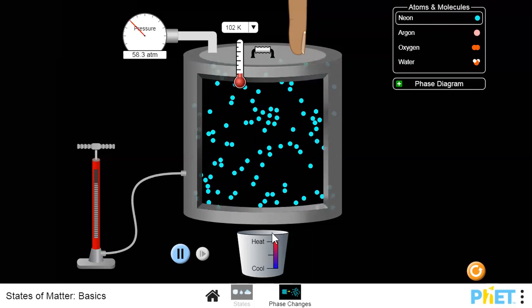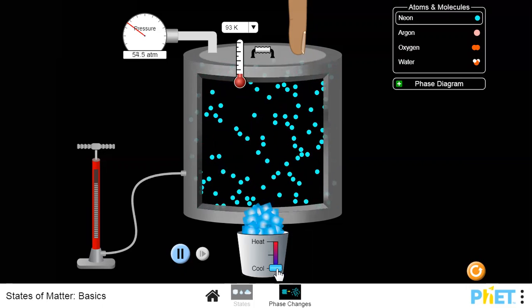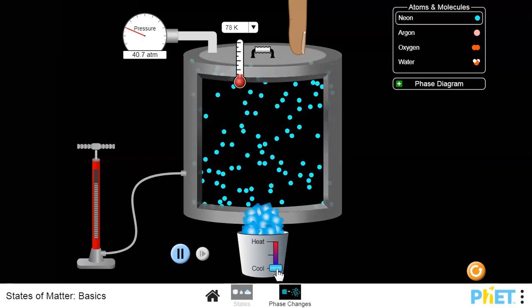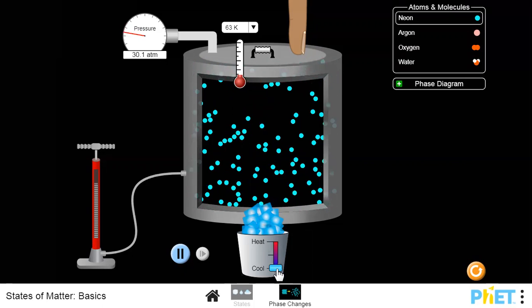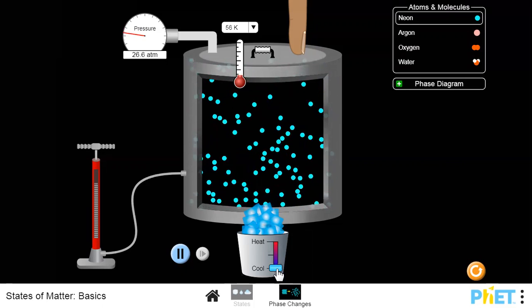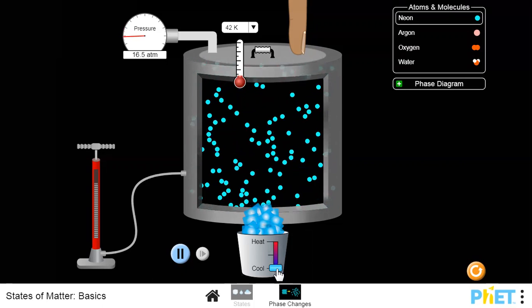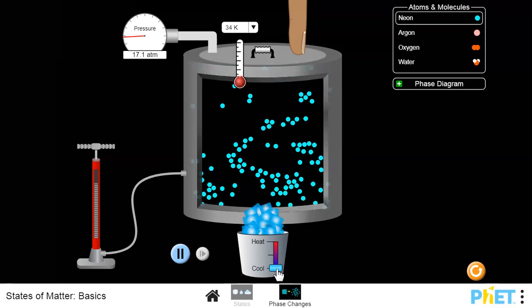Now, the other way around, let's see if we decrease the temperature. When we start to decrease the temperature, you see that the particles will start to lose the energy to move. The particles will lose kinetic energy.